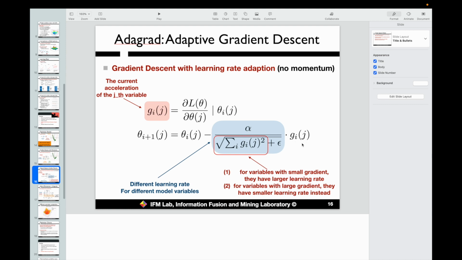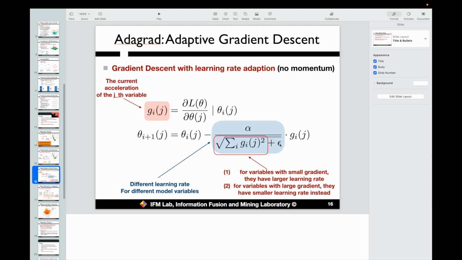Then the main change here is we add some terms to modify the learning rate from alpha to alpha over the square root of a summation of all the historical gradients of the variable plus the epsilon.